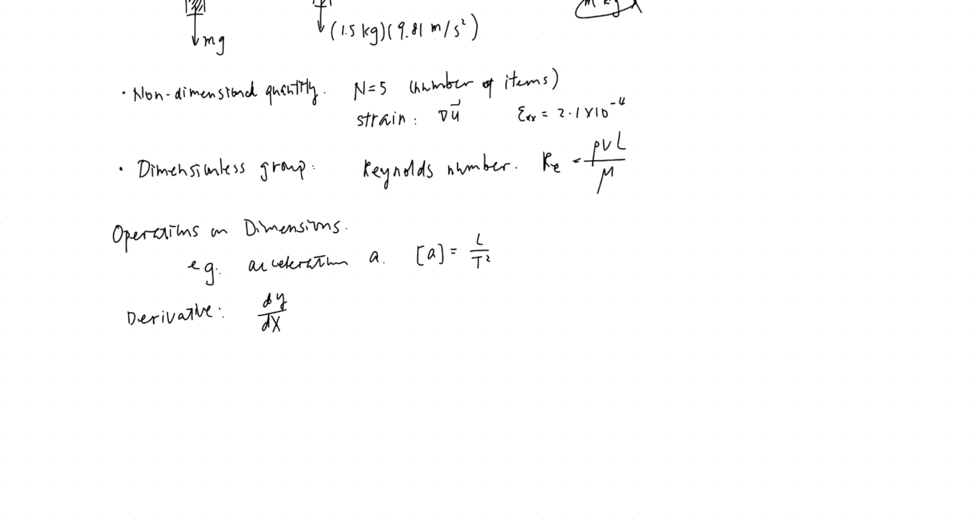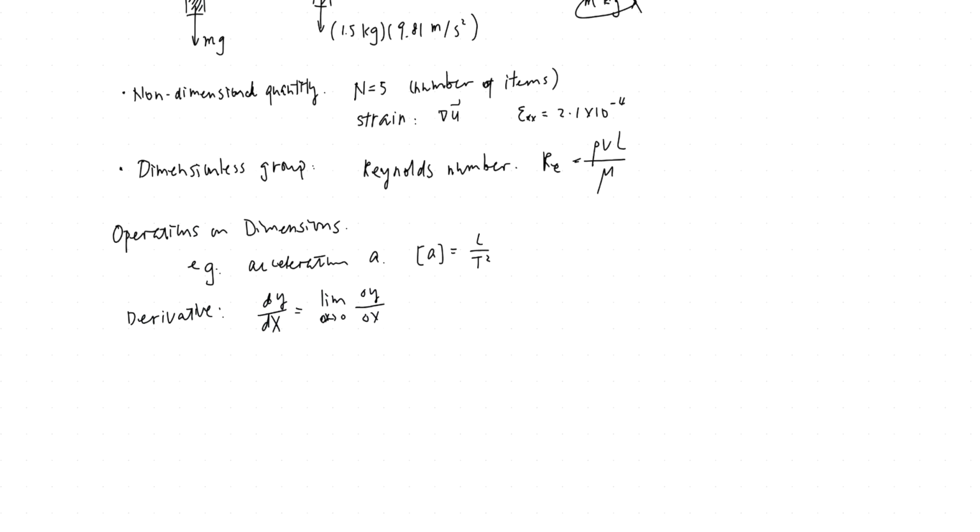Notice that a derivative is nothing but the limit of quotients. If you remember from calculus, dy/dx means delta y divided by delta x, and you take the limit as delta x goes to 0. And if you see this division, you know how to deal with its dimension.